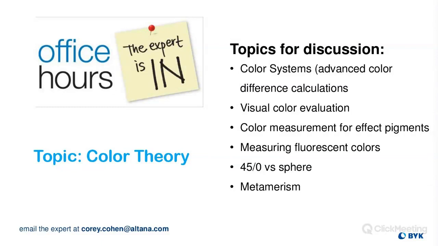Caitlin, I was wondering if there's an ideal light source to view an object at, or is that highly dependent on the actual color of the object? So the ideal light source is the one that you will actually be using, or where the product will actually be viewed under. So if you're producing products that would be used outdoors, typically you're going to want to use a daylight source.